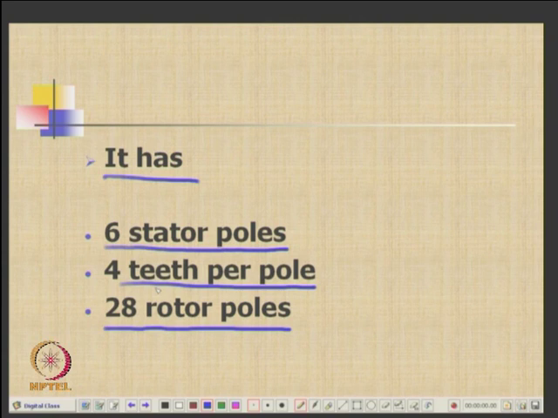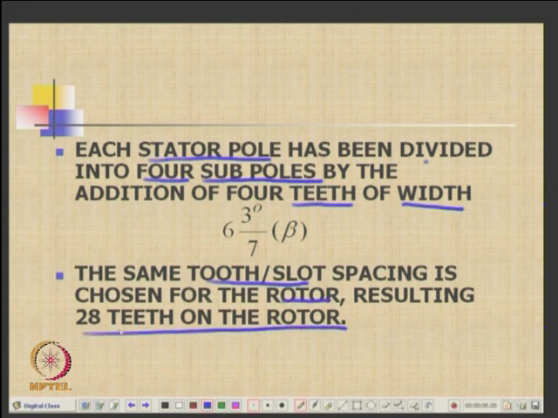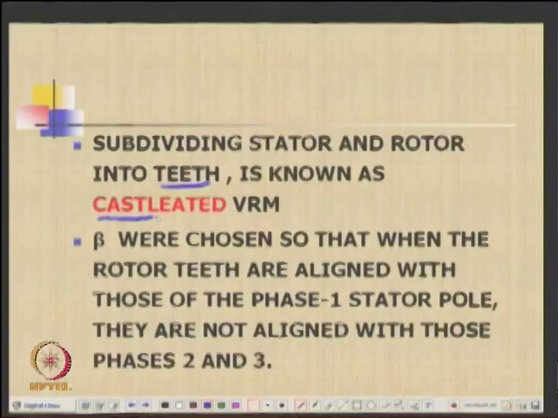Now in such a situation, each stator pole is divided into 4 sub poles by addition of 4 teeth of width beta, that is 45 by 7 or something. The same tooth slot spacing is chosen for the rotor, resulting in 28 teeth on the rotor. So subdividing the stator and rotor into teeth is known as a Castellated VRM.